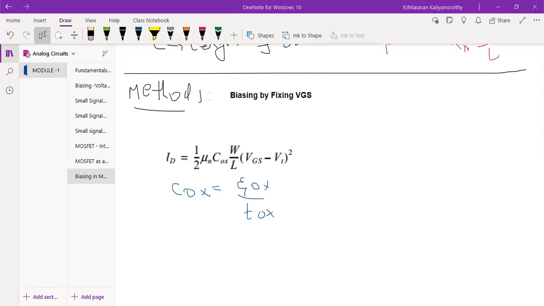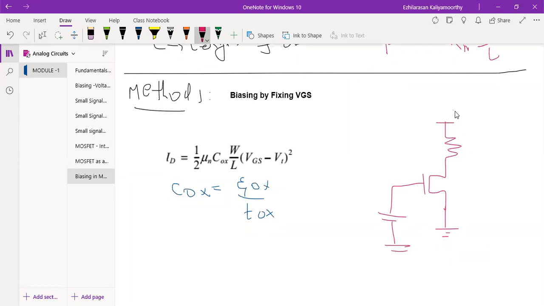Biasing with the VG, let me draw the diagram, then you will get it clearly. This is DC.